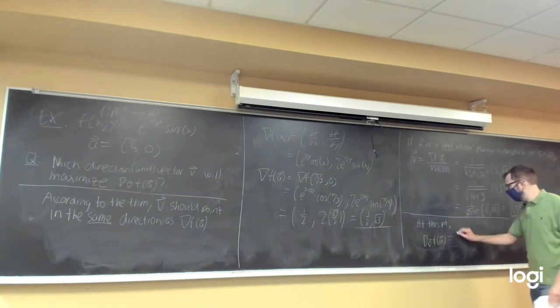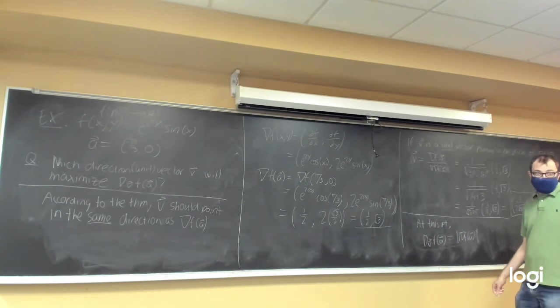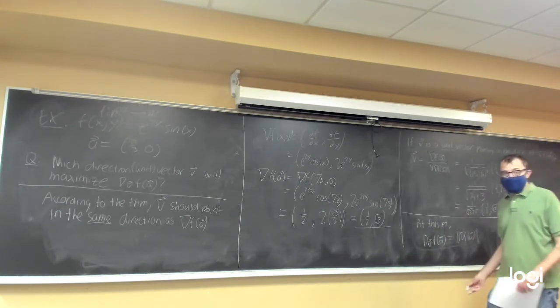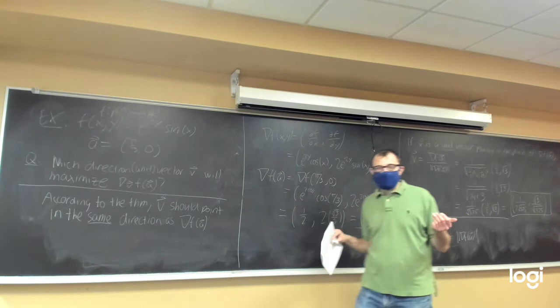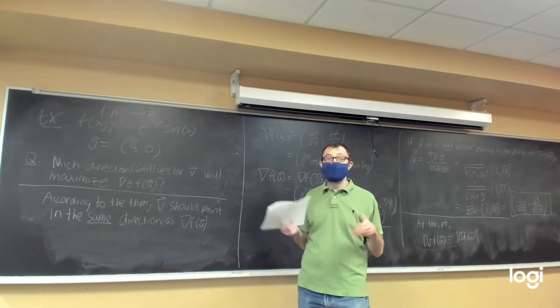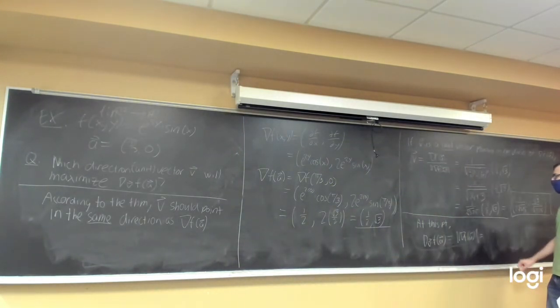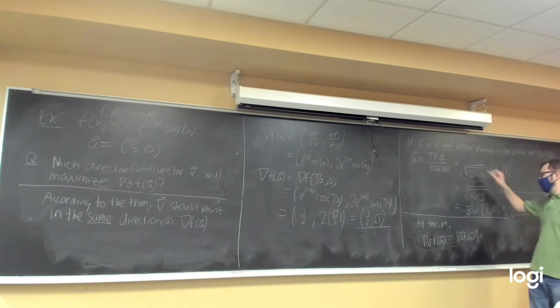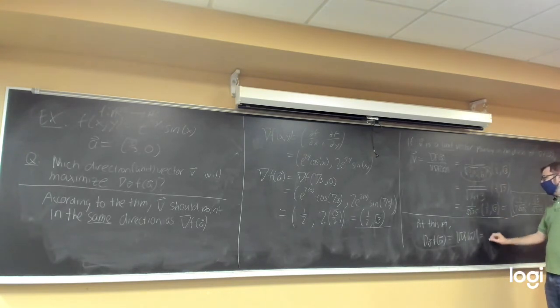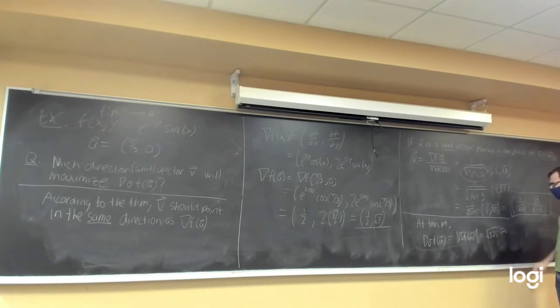It's just going to be the magnitude of the gradient vector, because the theorem said when v points in the same direction as the gradient vector, the directional derivative, the biggest value you can possibly take, will be equal to the magnitude of the gradient vector, which is going to be this expression right here, which came out to square root of 3.25, which is going to be about, let's say 1.8.